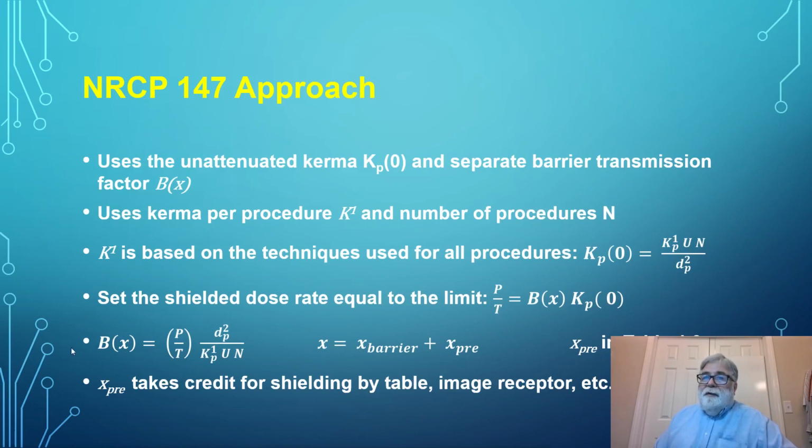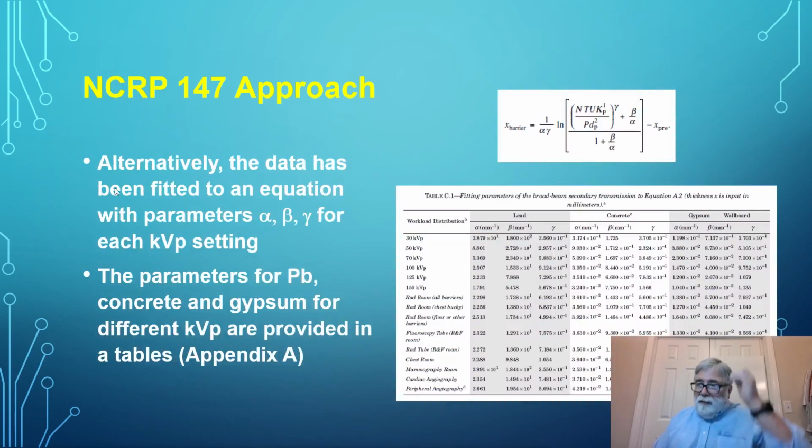So the transmission barrier we need is a function of X, but X is both the barrier we want to calculate plus whatever material attenuates before the barrier. And there's a table in NCRP 147 that tells you what those are for different kinds of rooms. So that's what X-pre is. So in NCRP 147, we can take credit for those and therefore sometimes use less shielding in the wall.